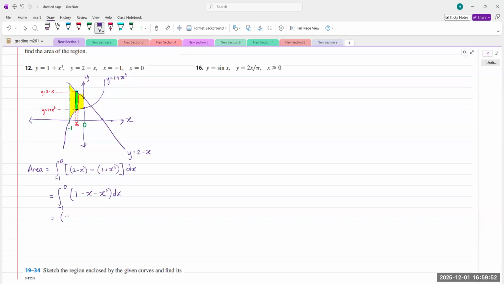When I integrate, I get x minus 1/4 x to the 4th, between -1 and 0. 0 minus -1 plus 1/4... What will that be? 5/4, 3/4. So that will be 3/4. Okay, that's for number 12.